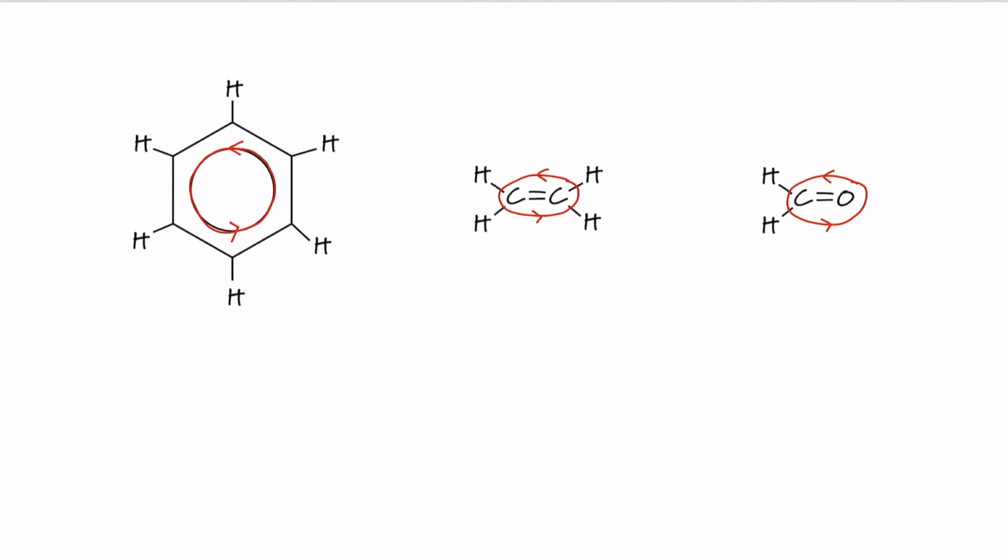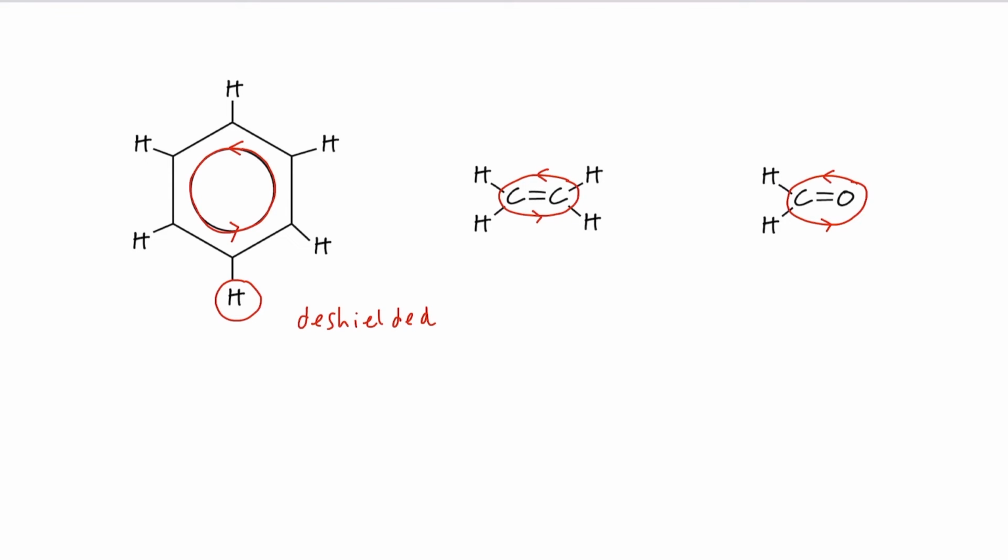And circulating electrons induce a small local magnetic field which increases the magnitude of the external field experienced by the protons. So these protons are essentially de-shielded. They experience a greater magnetic field, which means that their chemical shift is going to be higher.